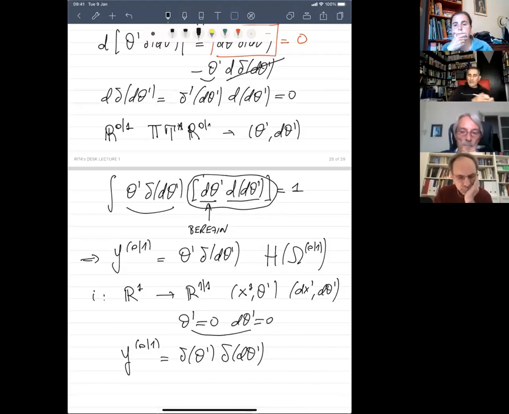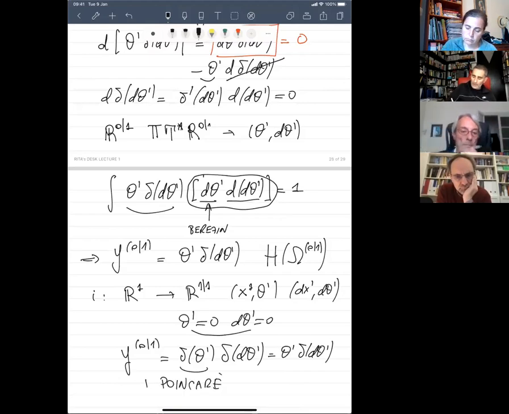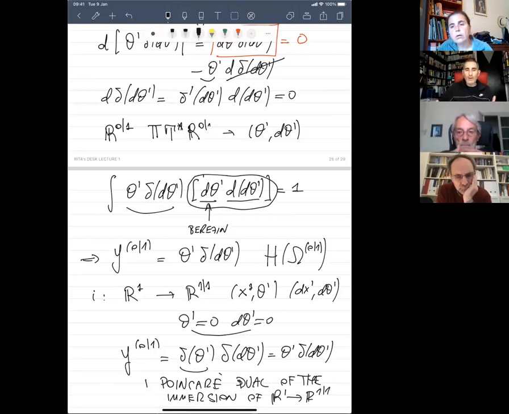In the case of just the fermionic coordinates, the first terms coincide with the fermionic coordinates. So this object is indeed the Poincare dual of the immersion of R1 into my supermanifold R1|1. So the way to see that this is an element of the cohomology is that it is just a Poincare dual.